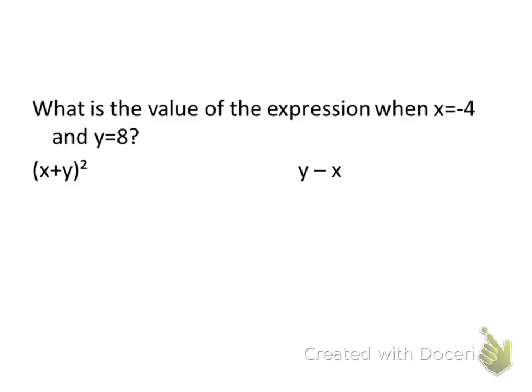All right, here's the next one. The difference here is that, do you see that x has a negative sign? X is a negative 4. So make sure that inside the parentheses for your x, you're putting that negative 4.